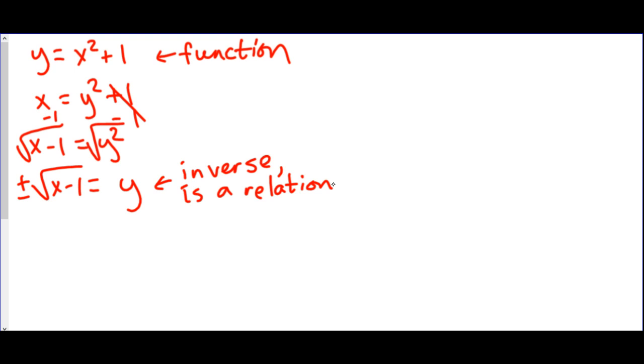So the difference between a function and a relation is all about comparing the x values to the y values.